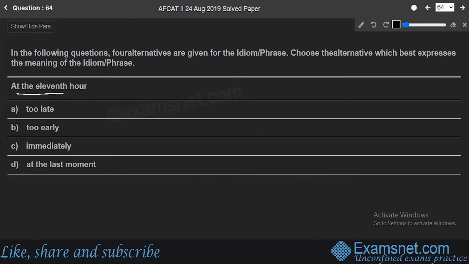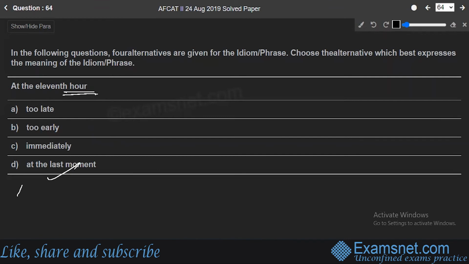When you're doing something at the end moment, it's not late, it's not early, it's not immediate. It is doing something at the very last moment. So the correct answer to the given phrase is at the last moment.